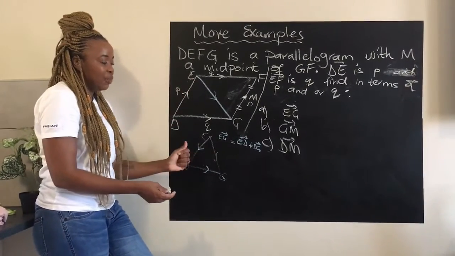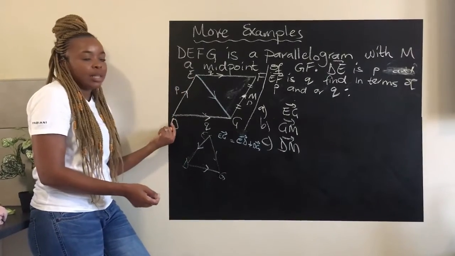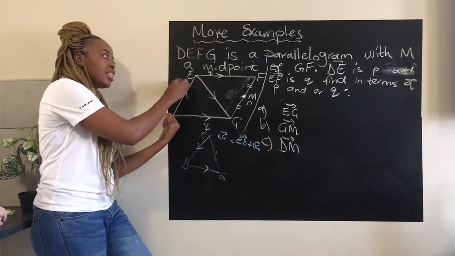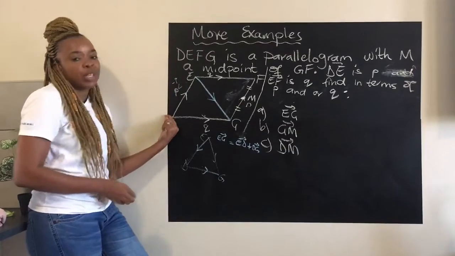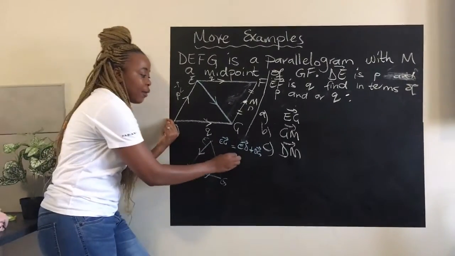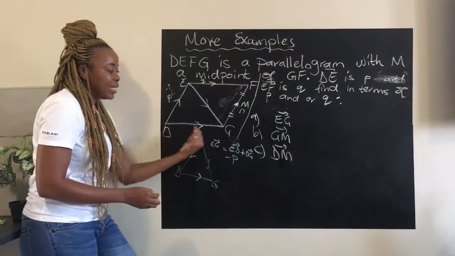So EG is ED. What is ED going to be? Because it's in the opposite direction, it will be negative P. So I'm going to have negative P plus DG.